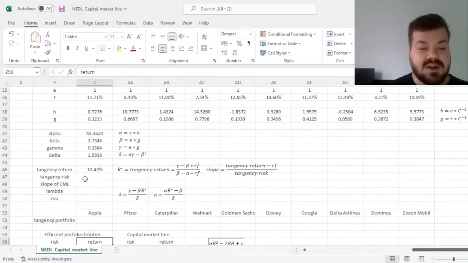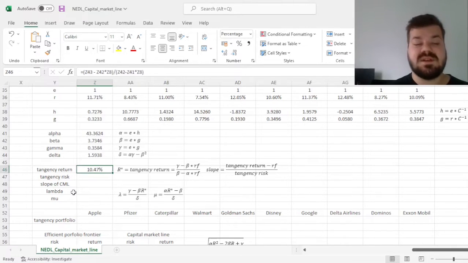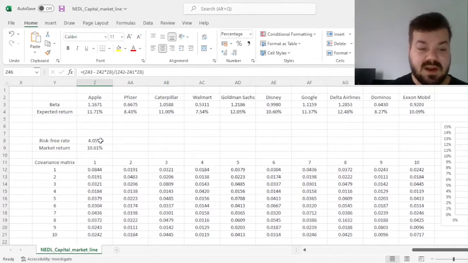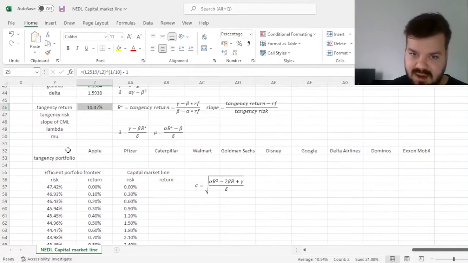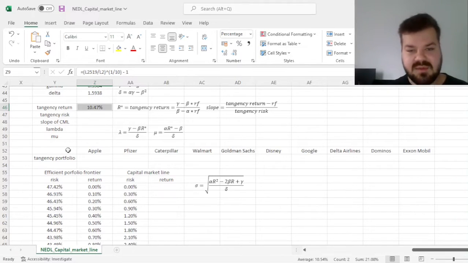And we see that the tangency return in our case is 10.47%, which is quite close to the market return, which has some interesting implications that we'll discuss next when we discuss the link between capital allocation line and CAPM.